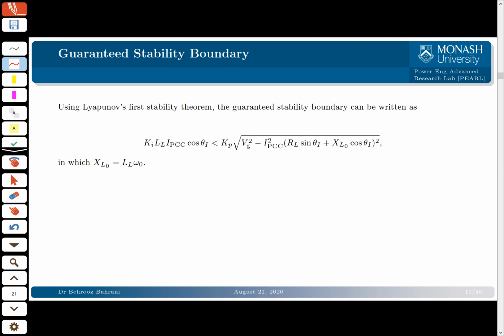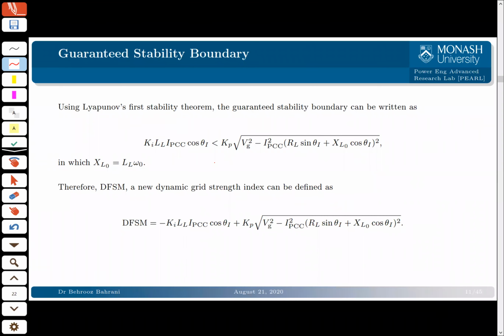What we did actually, we used Lyapunov's first stability theorem in order to find a guaranteed stability boundary for this system. And what we ended up having is something like that. If you rearrange this, you can come up with this DFSM, which is a boundary here, distance from stability margin. That's what we called it.